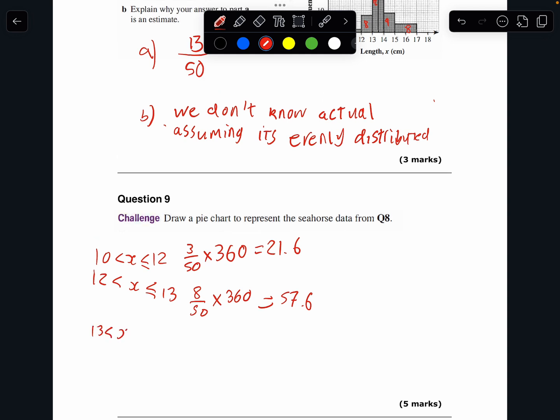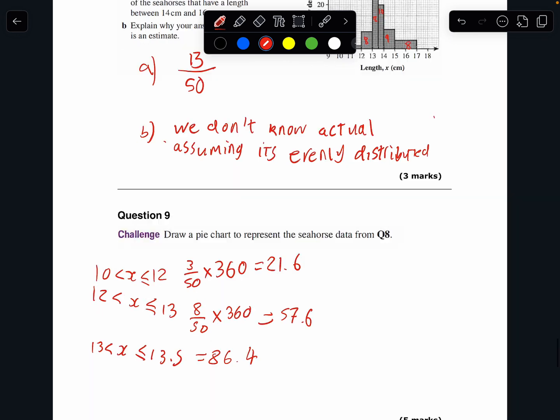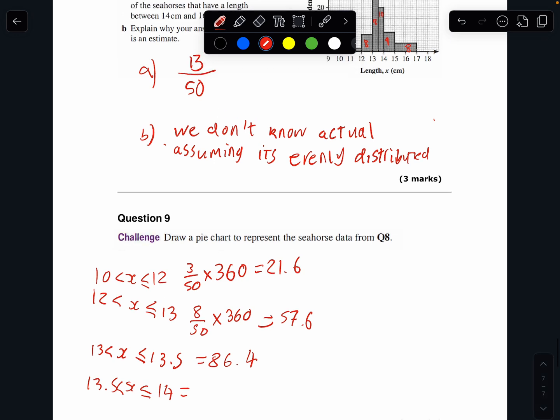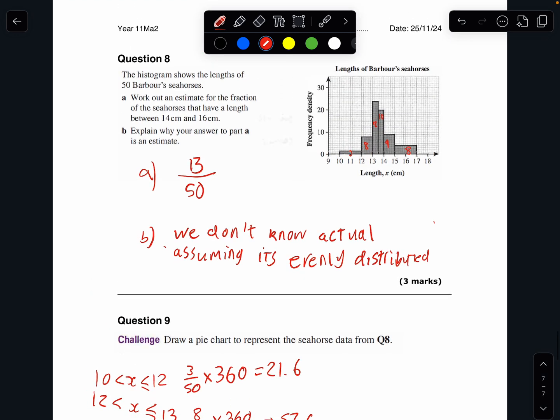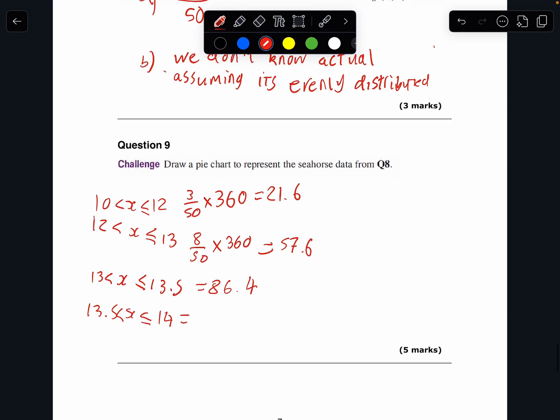13 less than x less than or equal to 13.5. I'm making a lot of mistakes. This is why you don't do stuff at like 9 p.m. Because then you're tired. That's going to be 12, so 12 over 50 times 360. That's going to be 86.4. 13.5 less than x less than or equal to 14 is going to be 10 over 50 times 360. I probably don't need a calculator for that, but 72.